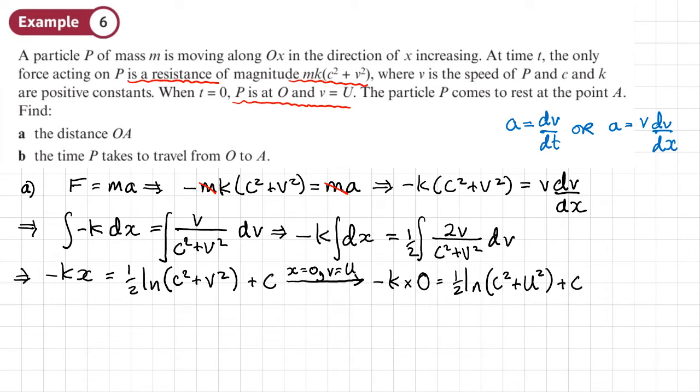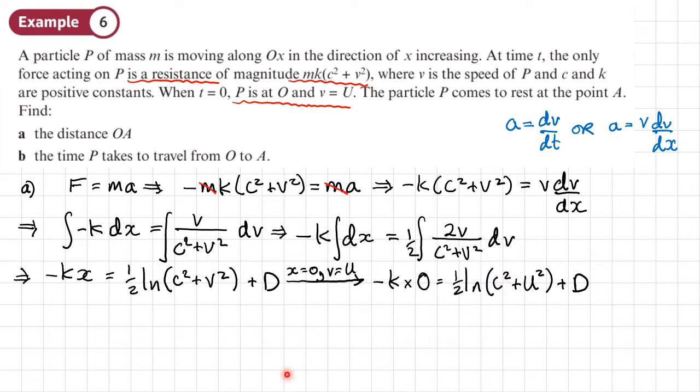Now thinking about it, seeing as c is already a constant here, to avoid confusion, and that's like little c, I'm going to change this constant here to d, and that will avoid any confusion. It's a different constant to the one that's in the bracket here.